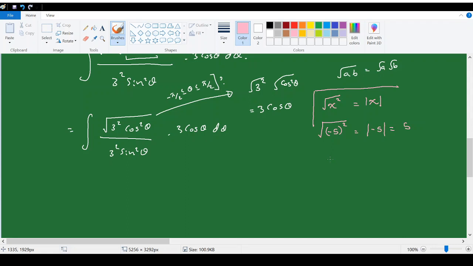And if you have the square root of a positive number squared, then it is again equal to the modulus, positive 5, the same number. So you might be wondering what they mean when we write it like this.